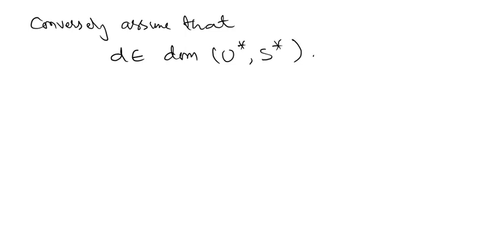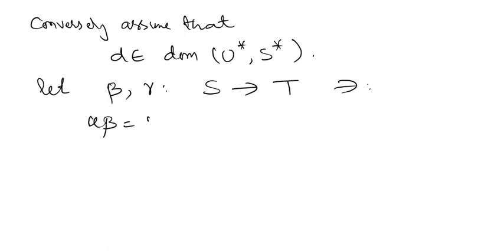So we show that D is in dominion of U in S. Let beta gamma be any two morphisms from S to T, such that U beta is equal to U gamma for all U in U. So let's define. We show that D beta is equal to D gamma.